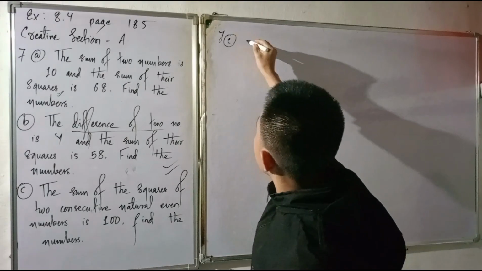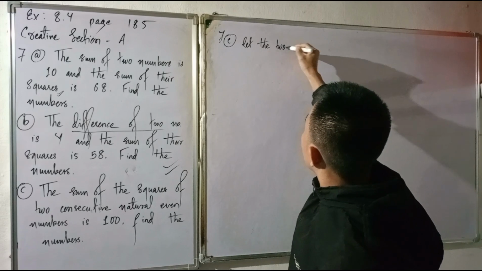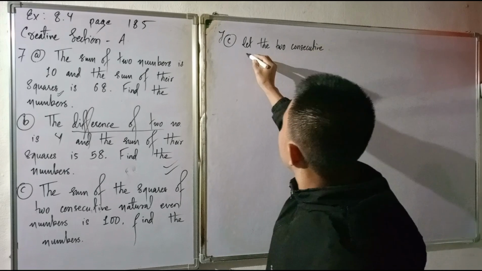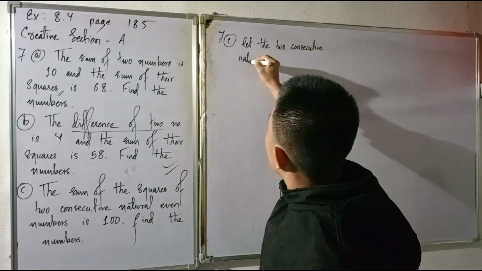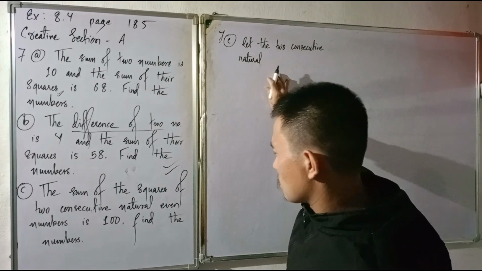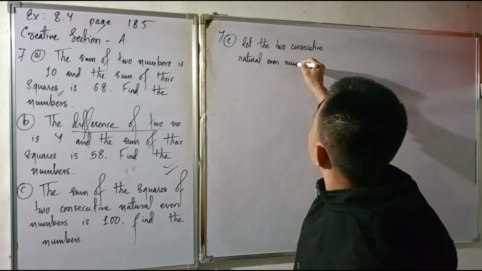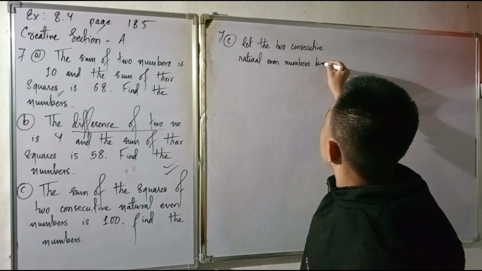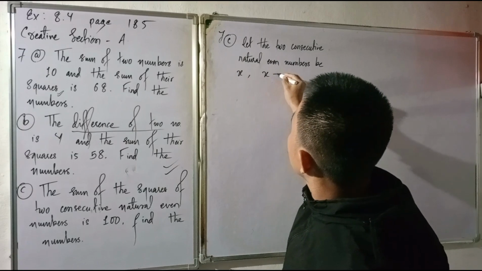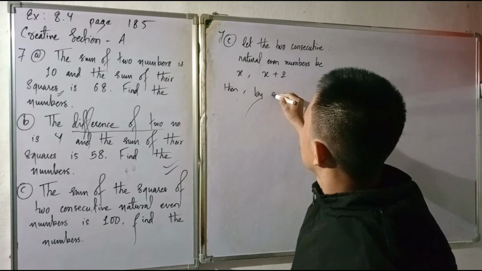So in 7c, let the two consecutive natural even numbers be x and, if one is x, then another will be x plus 2.